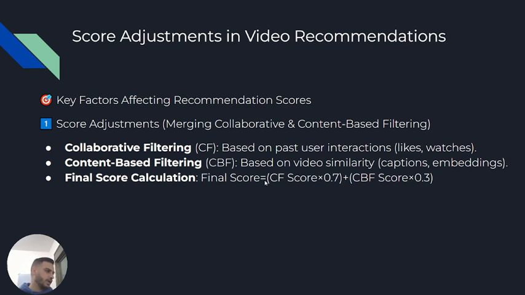The final score is collaborative filtering multiplied by 0.7 plus content-based filtering multiplied by 0.3. I'm giving more priority to collaborative filtering because it represents the short-term recommendations, while content-based filtering represents the long-term recommended videos.